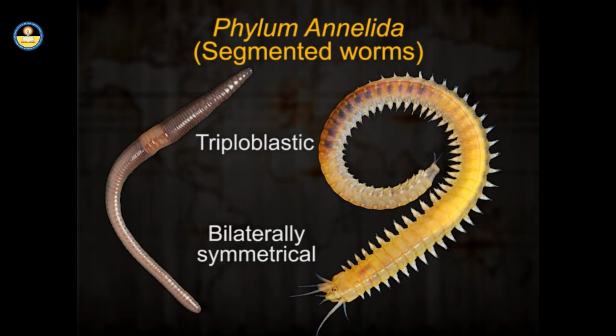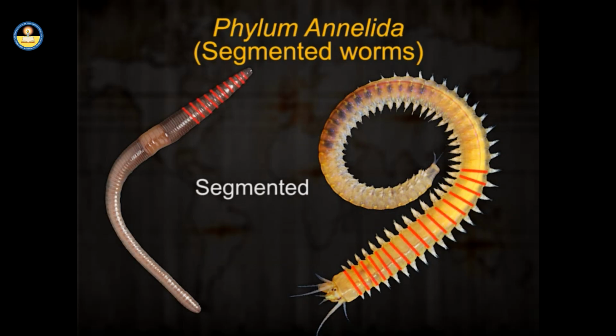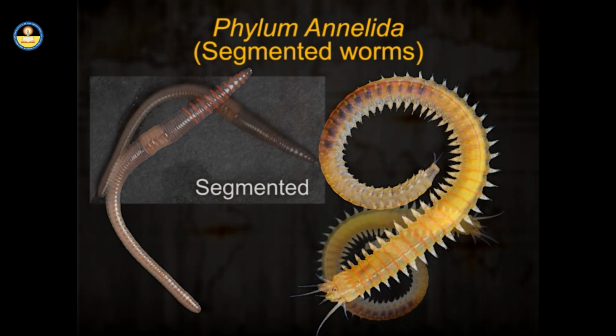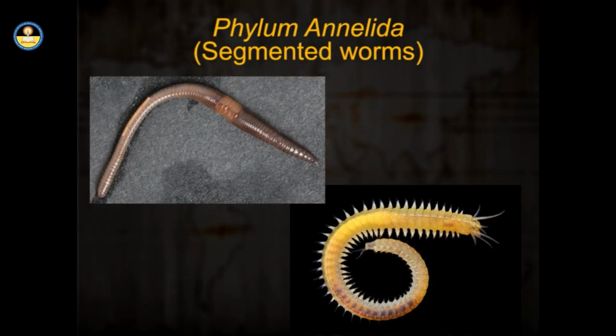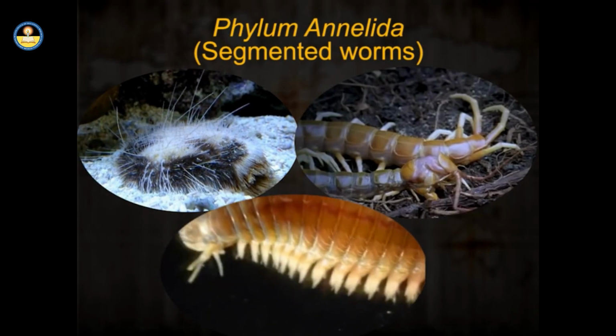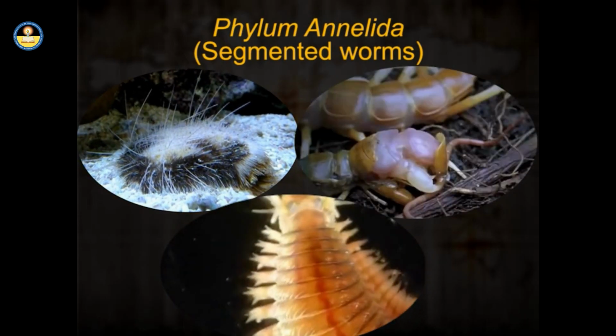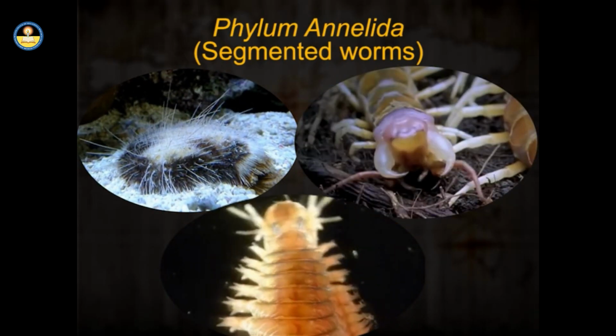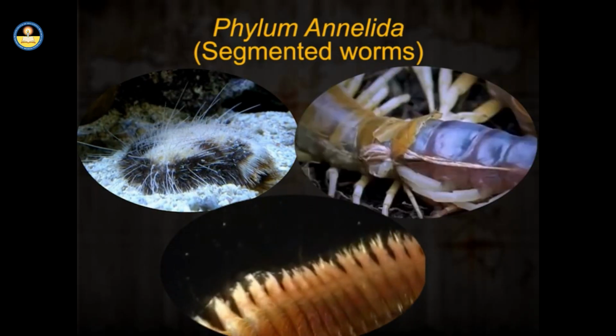The body cavity is a true coelom and is segmented. In some of these organisms, appendages like setae and parapodia are present for movement. They are found in fresh water, moist soil, and marine water.